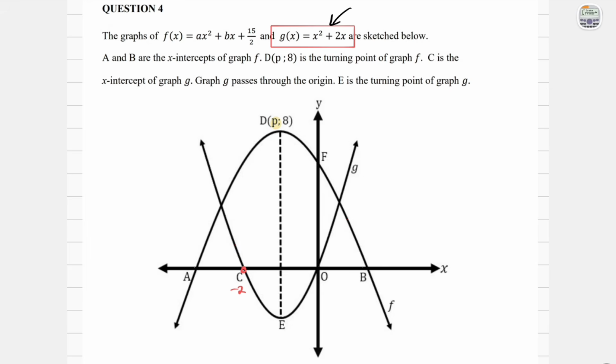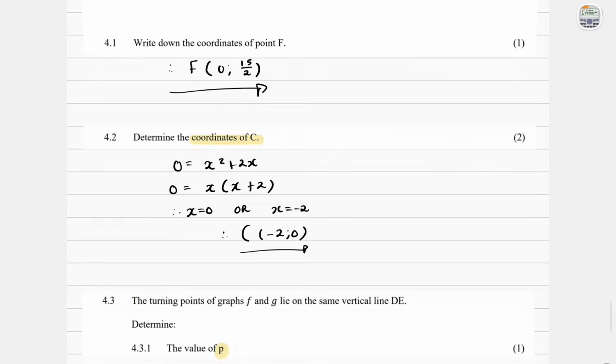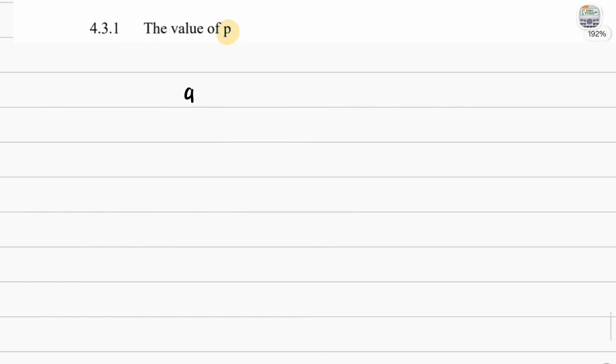We're trying to find the x value of the turning point of g. So g of x is equal to x squared plus 2x. To find the turning point, you can either use negative b over 2a, which will find the x value, or you could derive this and set it equal to 0, making the gradient equal to 0. I'll just go ahead and use the first method.